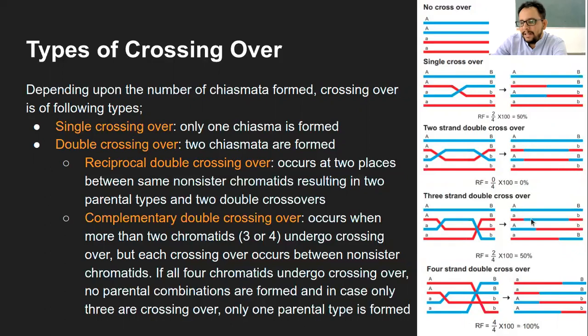Here, what it means is that only with respect to the A gene and the B gene, their recombination has happened 100%. Because if you see capital A, here capital A is exchanged, now it's coming with small a, right?